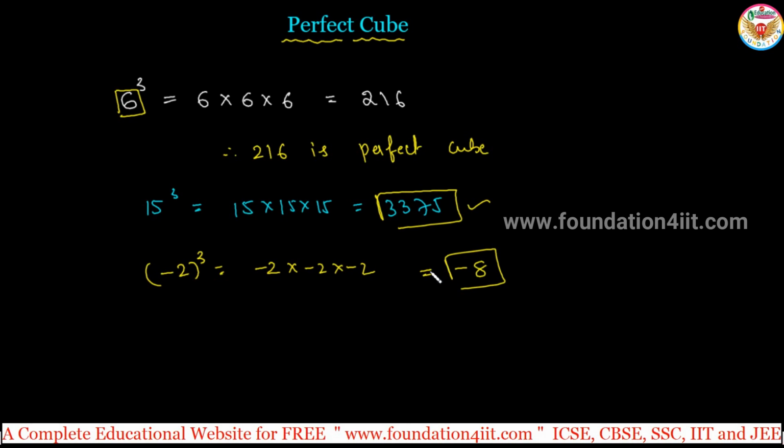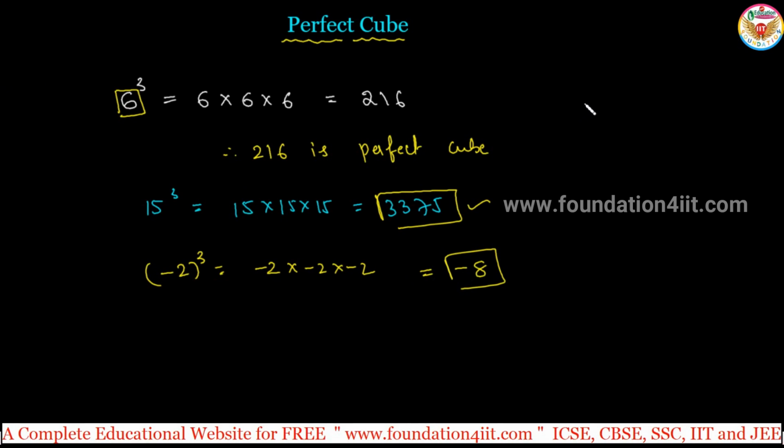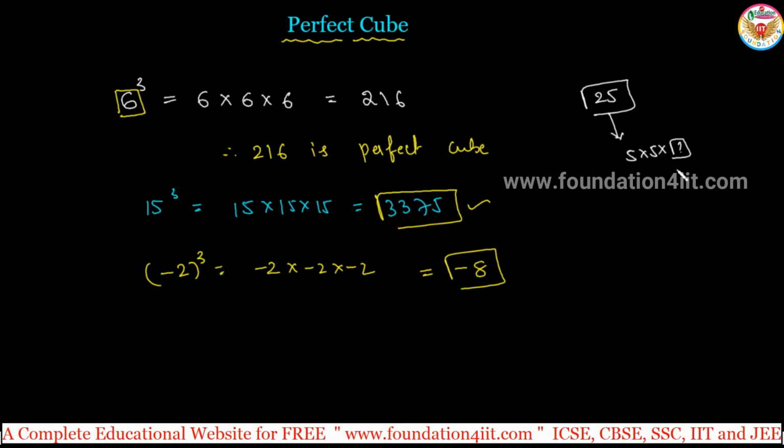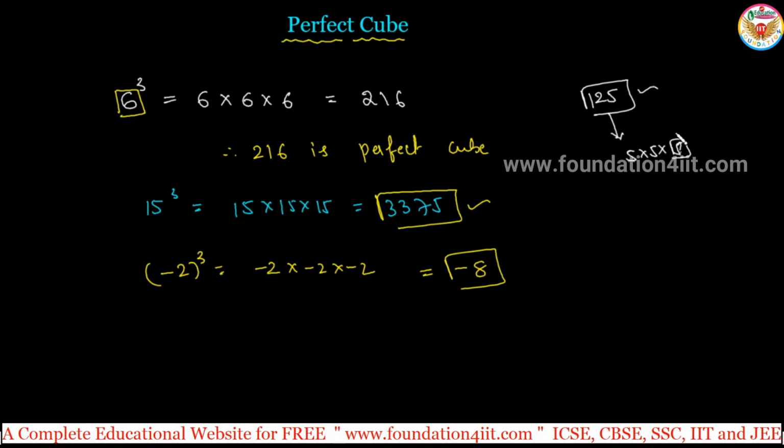So a given number is a perfect cube if it can be expressed as a product of triplets. That means, reading it in reverse, let's take 25. Is it a perfect cube or not? 25 we can't make from the same number 3 times. So it's not possible, right? If it is 125, we can make it with 5. 5 into 5 is 25, 25 into 5 is 125.